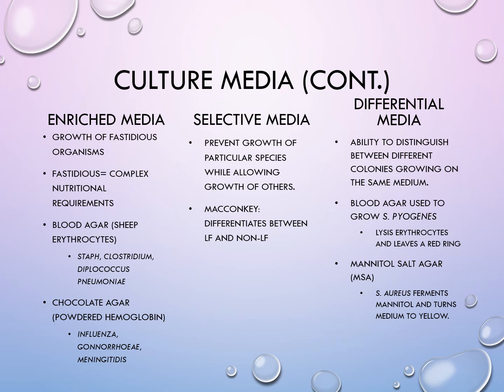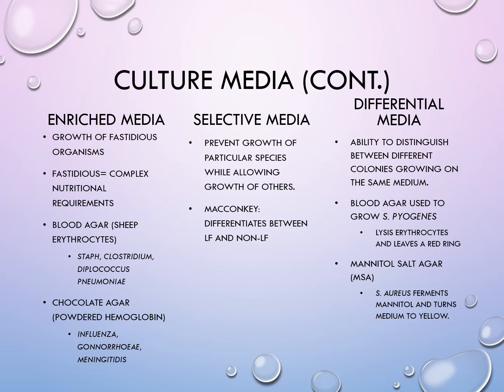And then differential media. So differential media, again, helps us to distinguish between specific colonies of bacteria that are growing in the same dish. And so blood agar is often used to identify bacteria that destroy erythrocytes. And if the bacteria is going to destroy those erythrocytes, it's going to leave a red ring around that area.